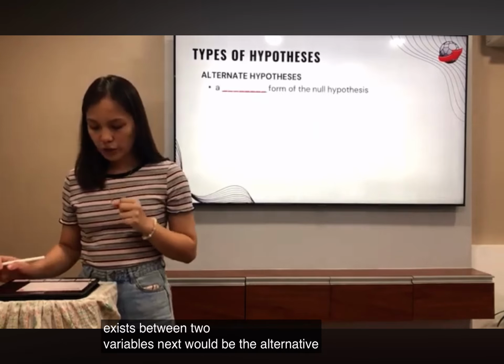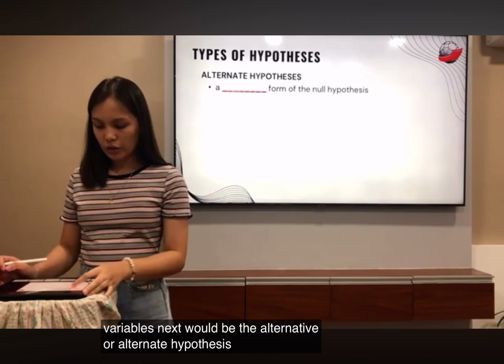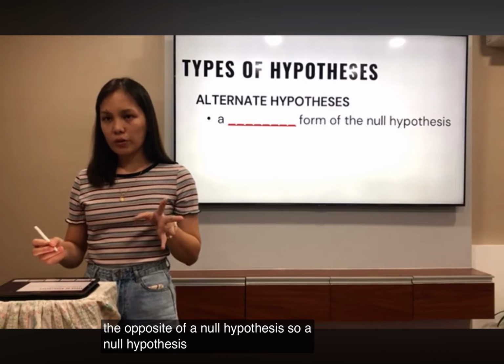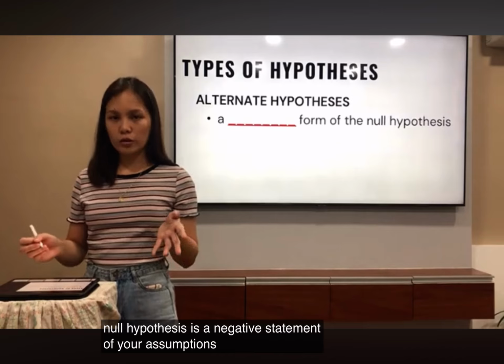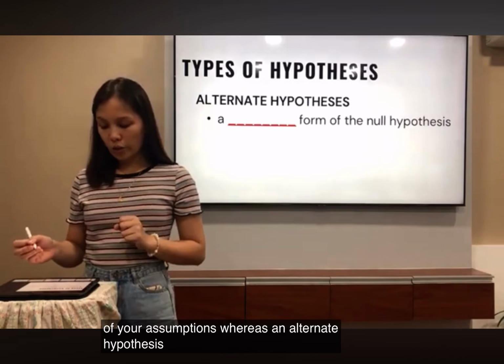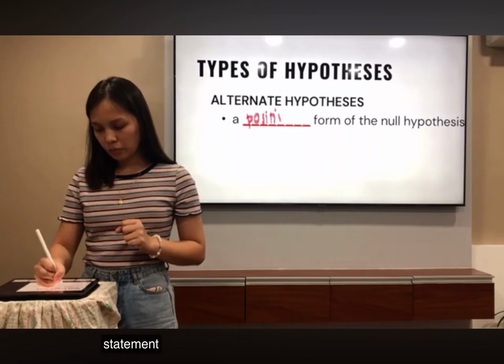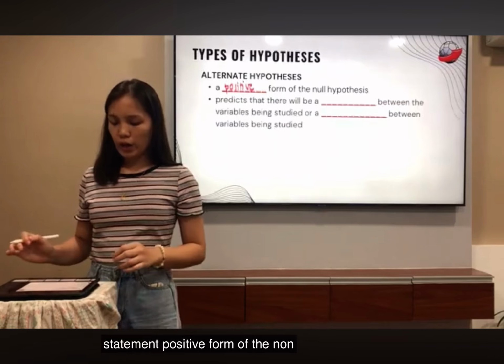Next would be the alternative or alternate hypothesis, which is just the opposite of a null hypothesis. A null hypothesis is a negative statement of your assumptions, whereas an alternate hypothesis is a positive statement, the positive form of the null hypothesis.